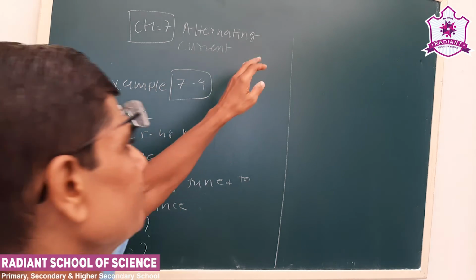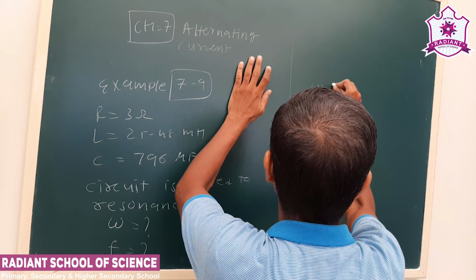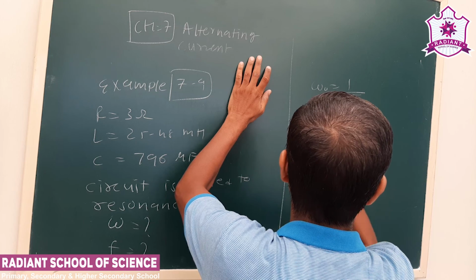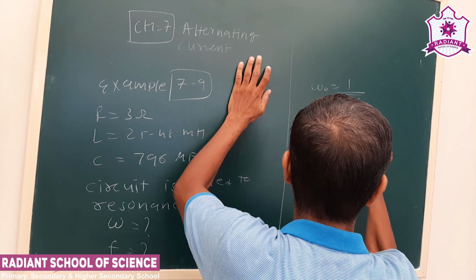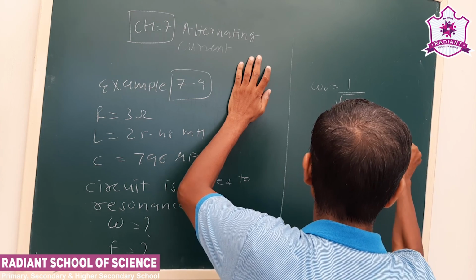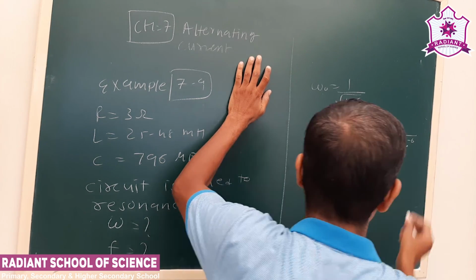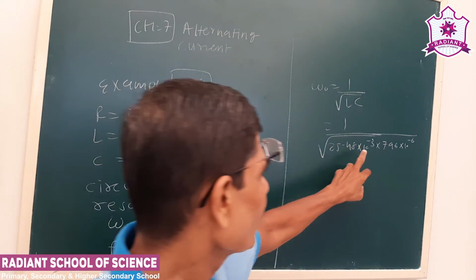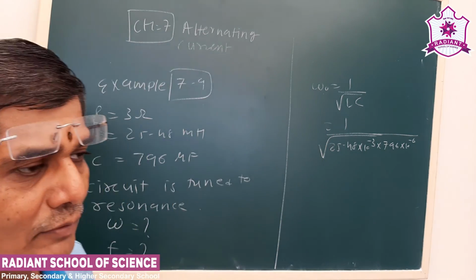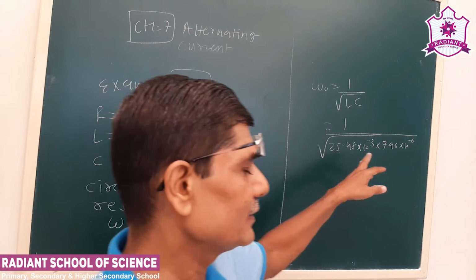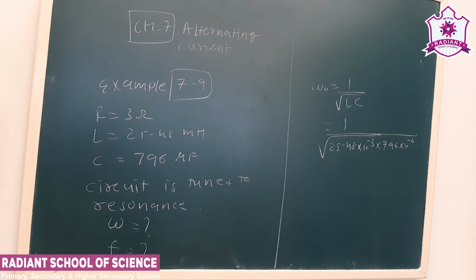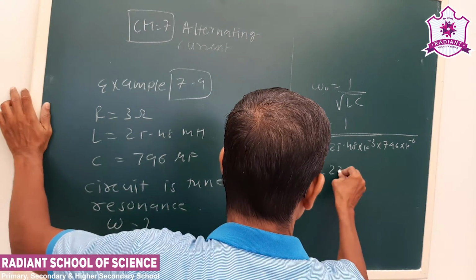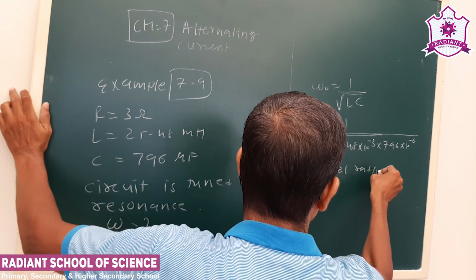Now see, for resonance frequency omega 0 is 1 upon root LC. Now see here, power is -9. Take care, whenever there is a square root we should have an even power. So by keeping this in mind, if you solve this, omega will be 221 radian per second.